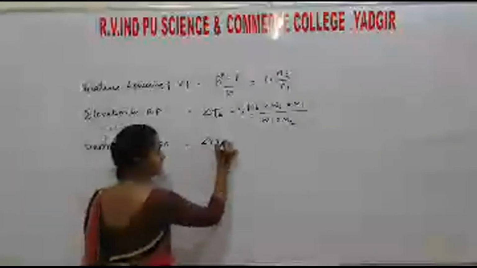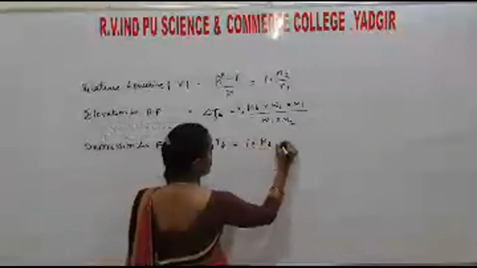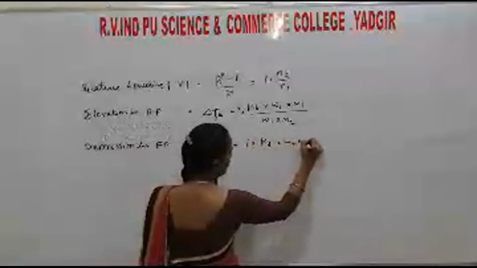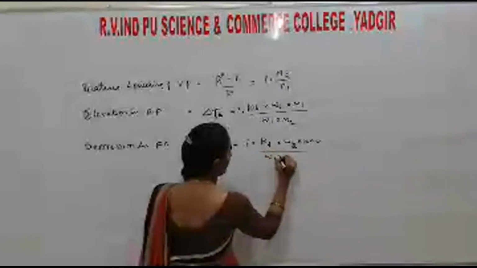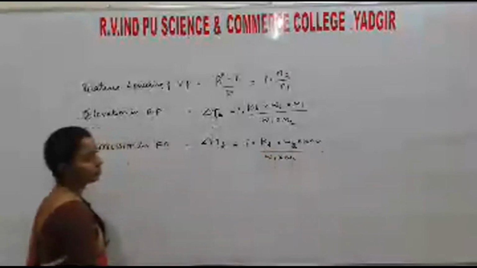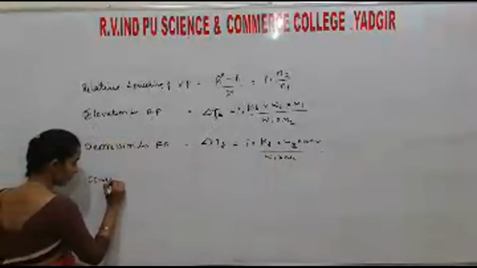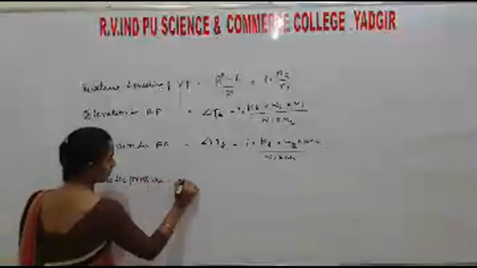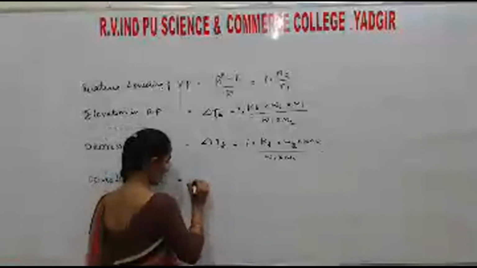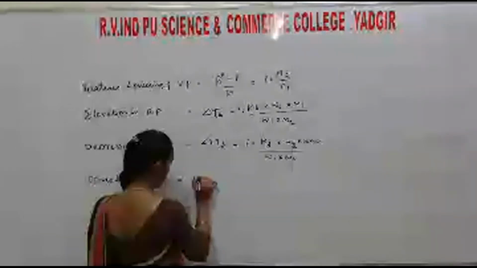Delta Tf is equal to i into Kf W2 into 1000 divided by W1 M2. Okay, next, osmotic pressure. Osmotic pressure is represented by what?